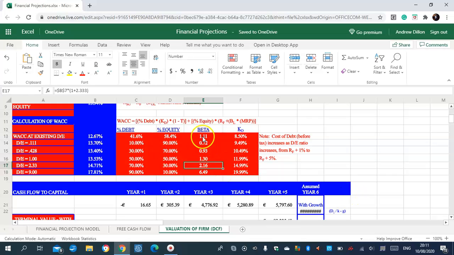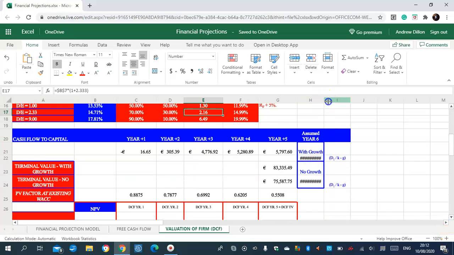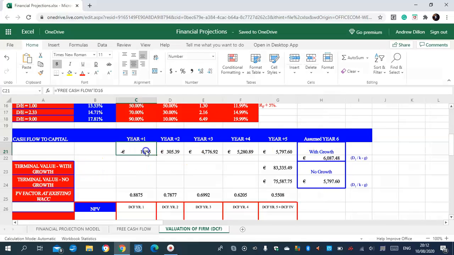Dollar signs are involved in the beta section. Okay, here comes the cash flow to the capital.